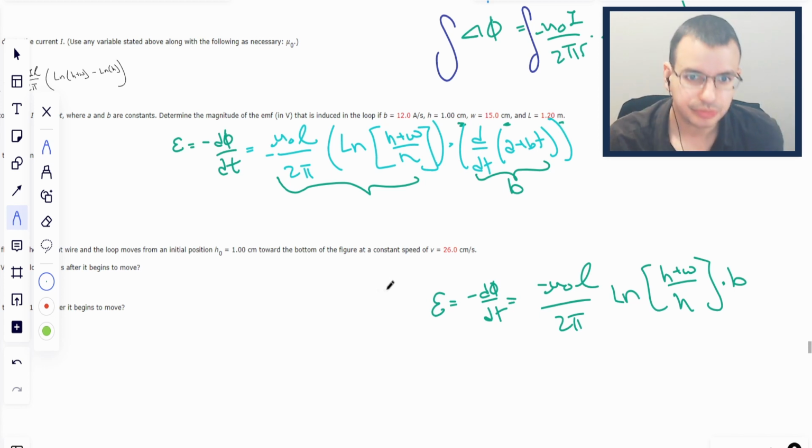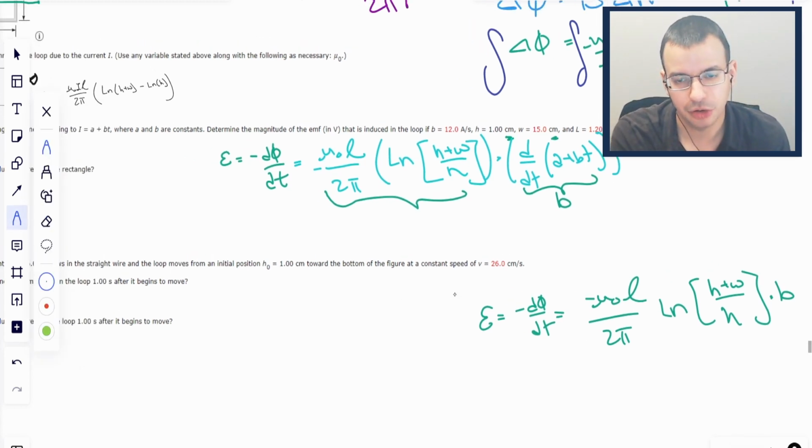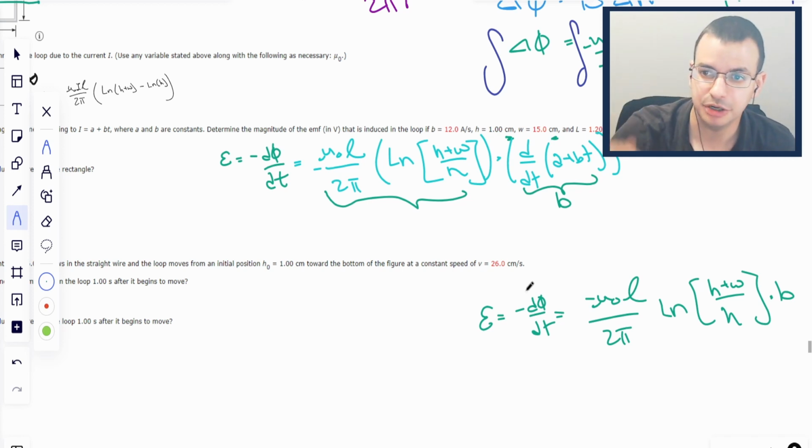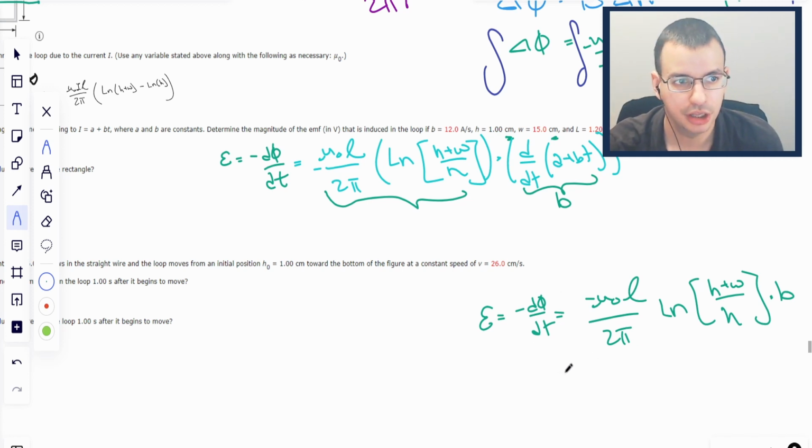And that di dt is the only part that's going to be changing with respect to time for our flux, because we found the flux up here, we plugged it in, took the derivative with respect to time, everything was a constant except the current, and so the current was the only thing we took the derivative of.